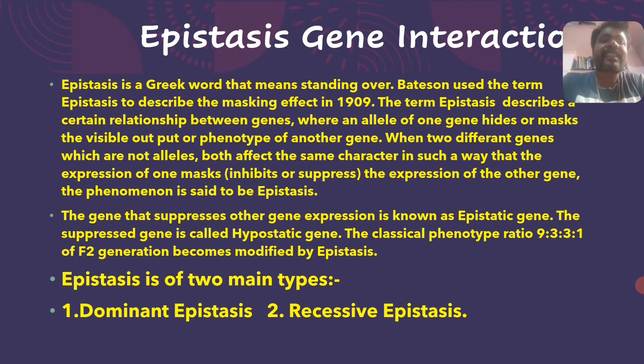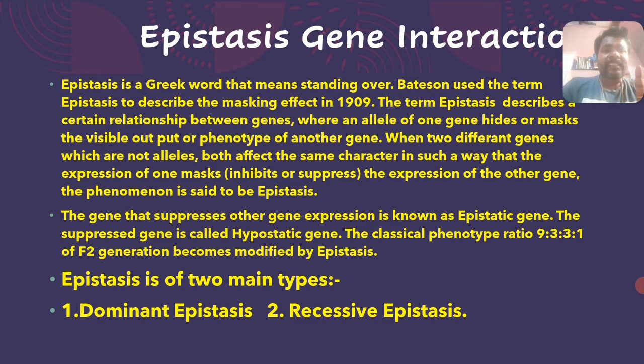The term describes a relationship between genes where an allele of one gene hides or masks the visible output or phenotype of another gene. One gene hides or masks the expression of another gene.